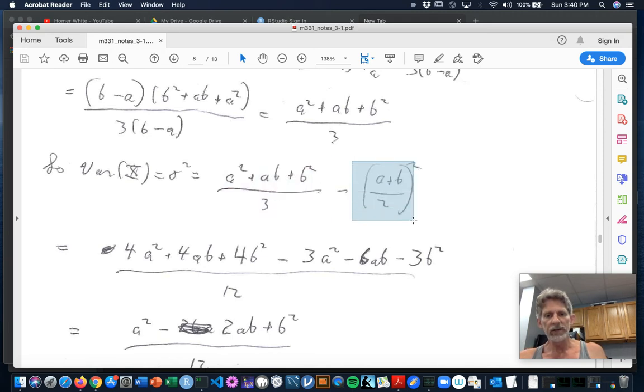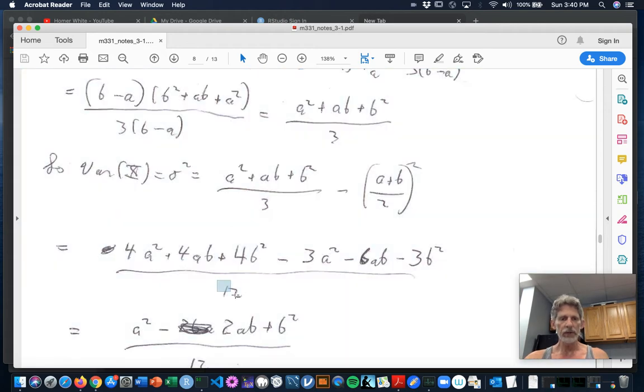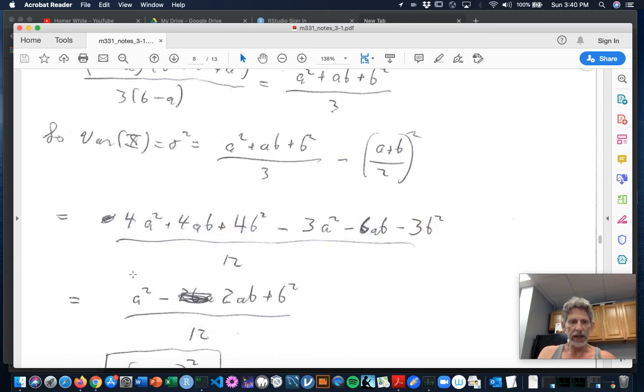And now for the variance, all I've got to do is my expected value of x squared minus my expected value of x, squared. So when I square out this, I'll have a 4 on the bottom, and I've got a 3 on the bottom here, so ouch. Common denominator would be a 12 when I stick those fractions together. And so I do my algebra and cancel out what I can.